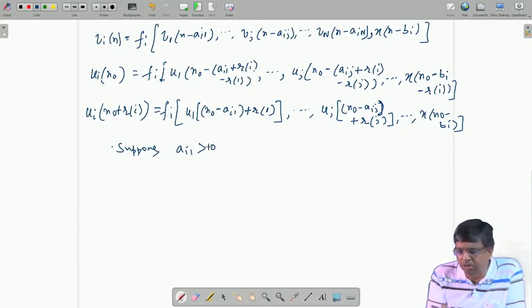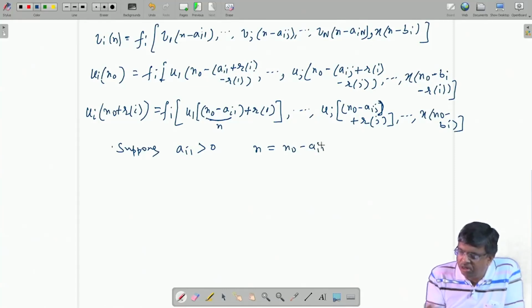It could be either 0 or positive, suppose it is positive. If you call this n, say n naught minus ai1, since this is positive, the whole thing is less than n naught. So, n is less than n naught.